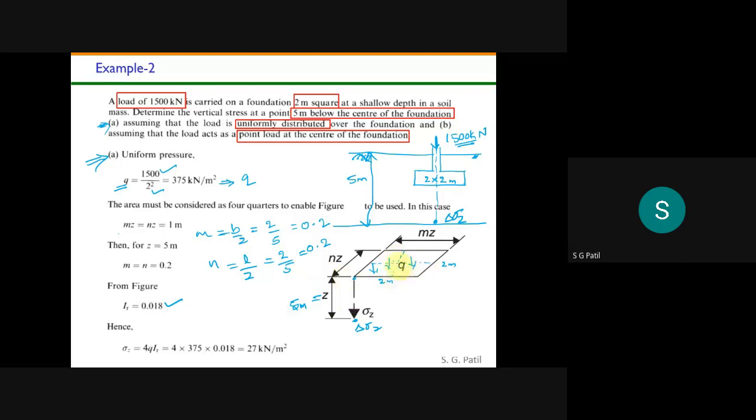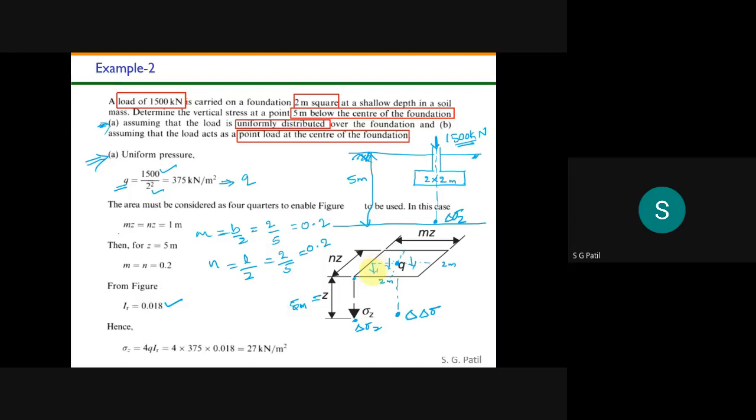Because they are asking you to find out delta sigma z at the center, right? They are asking you to find it at the center, this point. So you calculate the m and n value. I calculated for one small sector.